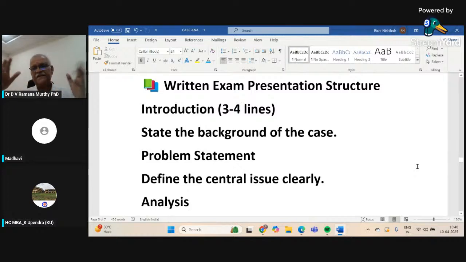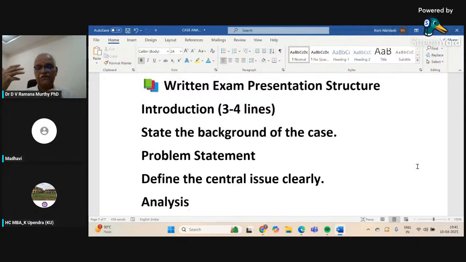So your written exam presentation structure should be like this, my dear friends. You give an introduction, 3-4 lines of the problem, and then state the background of the case. Please note how you are going to present the case from an examination standpoint. Don't restrict yourself to only the examination standpoint.